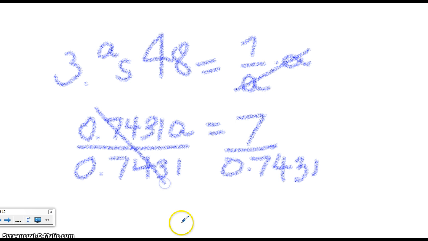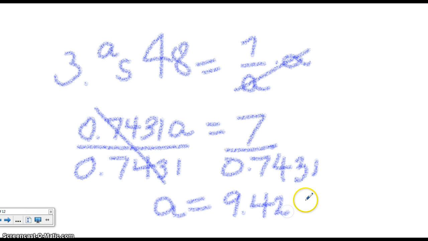These cancel out. And A is equal to 9.42. And again, we find that answer on the bottom, and we cross that one off.